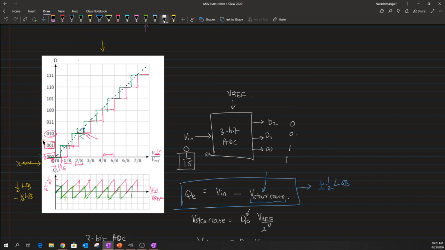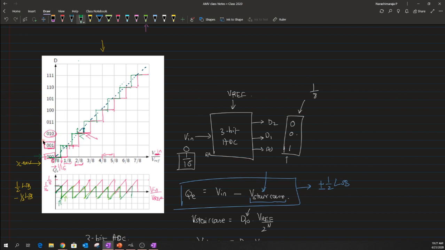This 001 is the data that corresponds to an input value of 1 by 8, but before I reach this 1 by 8, I am pushing my ADC output to a value of 001. So this pushes our quantization error towards the negative half LSB, and that is what you can see at this point.